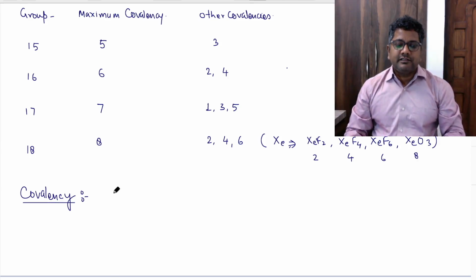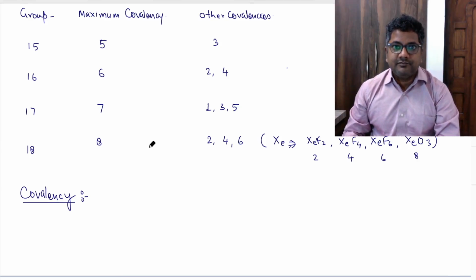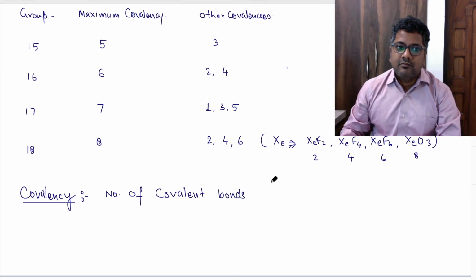So, the covalency is the number of covalent bonds to an atom, right?